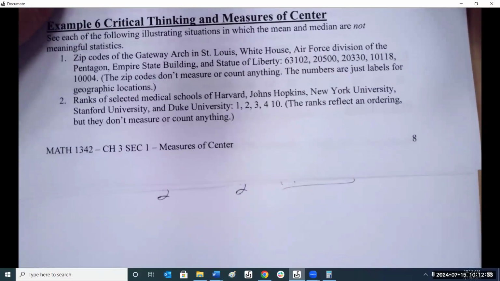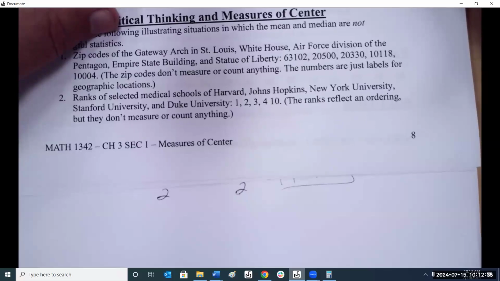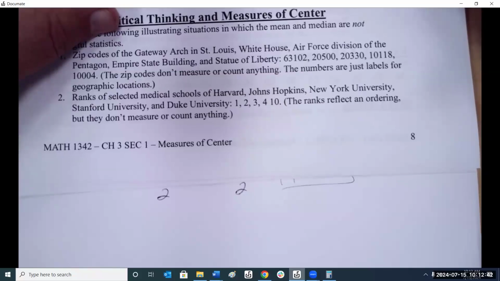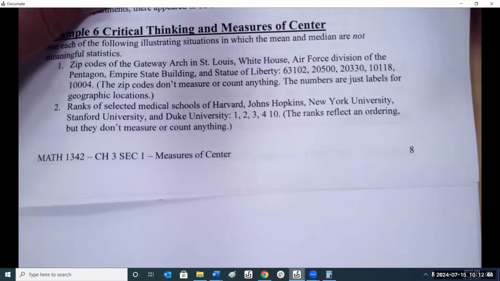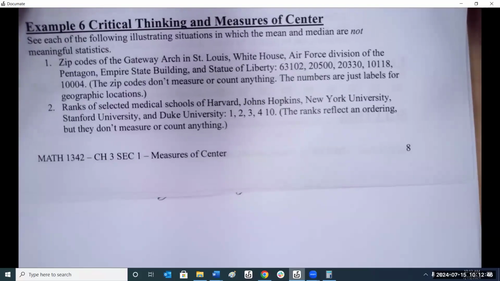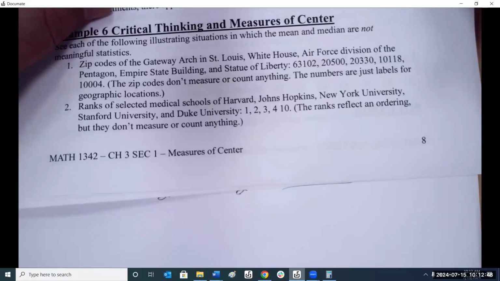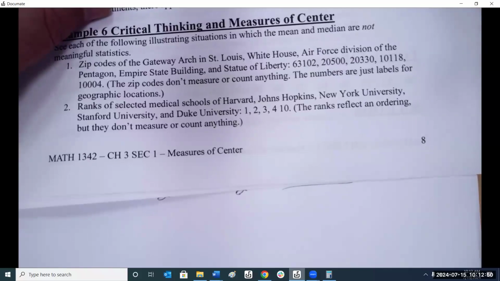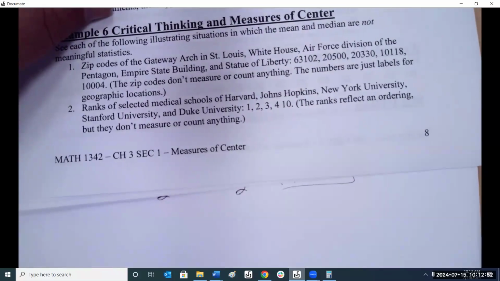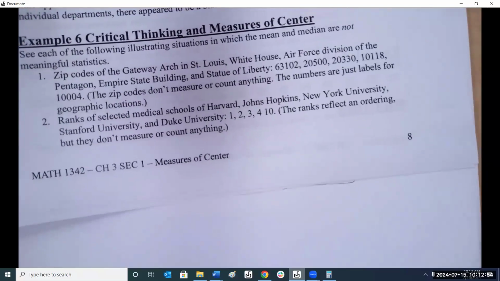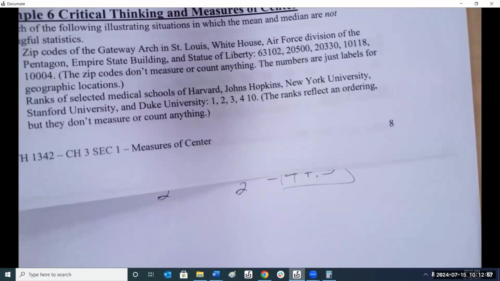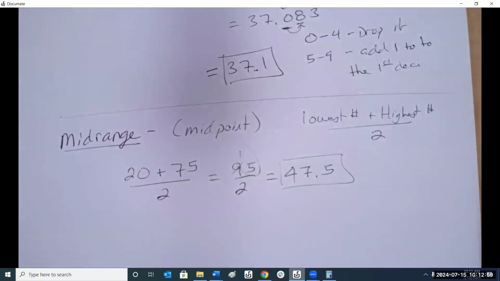Ranks of selected medical schools of Harvard, Johns Hopkins, New York University, Stanford, and Duke. Ranking them in order, 1, 2, 3, 4, 10. Again, finding the average doesn't tell you anything about those schools because they're not really quantified numbers. They're qualitative because they refer to a description.